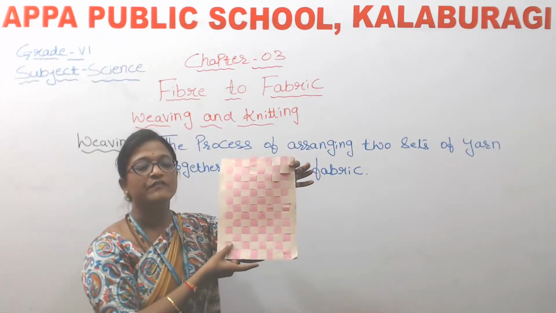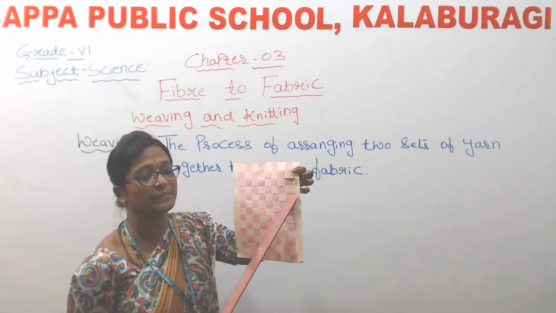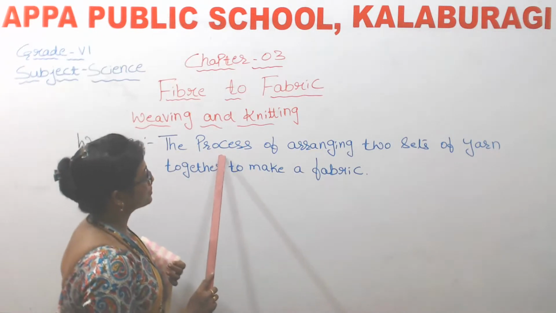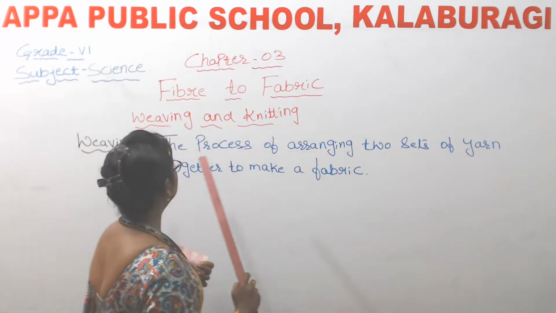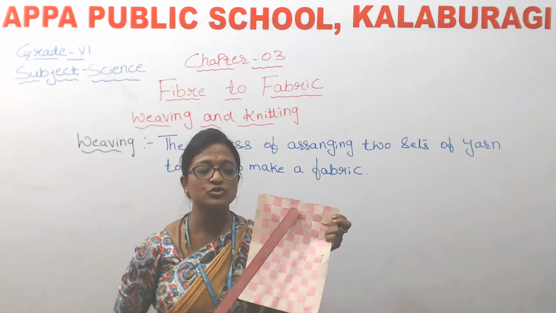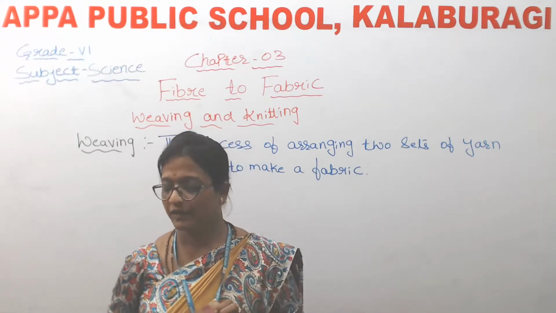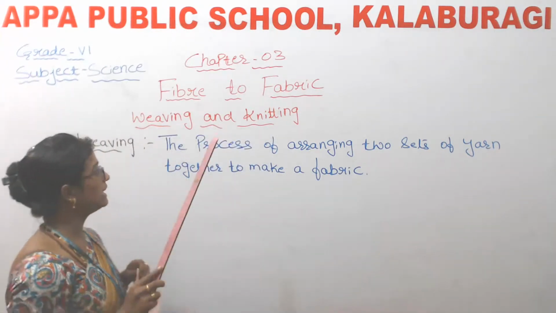Here we have arranged two sets of papers, one green color and one pink color. Same like that, the process of arranging two sets of yarn together to make a fabric. By arranging two sets of yarn together, a piece of fabric is made. By which process?